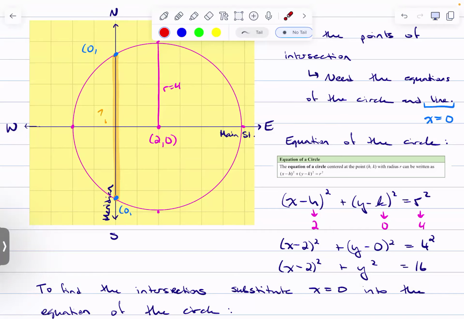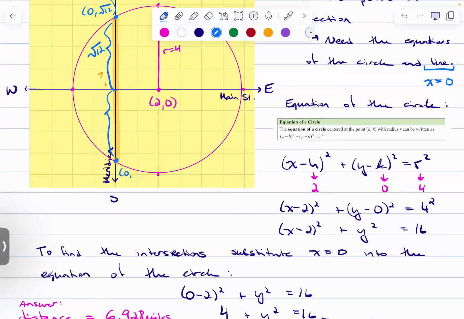So I have to go up root 12 and down root 12, which is the negative version.